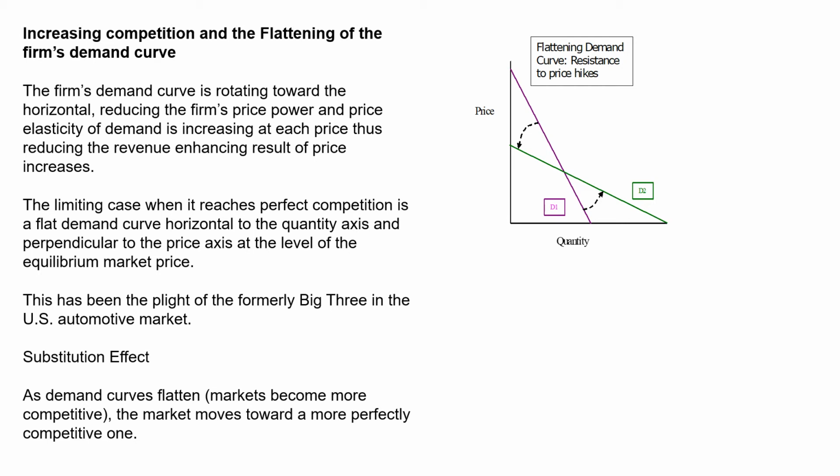Yes, French too. At any rate, you get the idea that we're talking about many, many substitutes. So as the demand curve flattens, markets become more competitive, and the market moves toward a more perfectly competitive one. It's not to say that the auto industry is perfectly competitive. No, far from it, but it is much more so than it has been in the past.